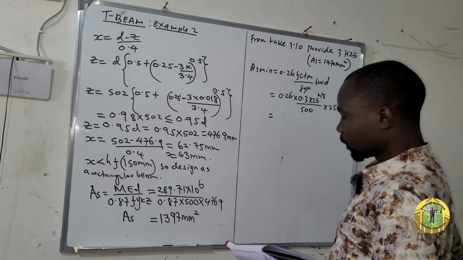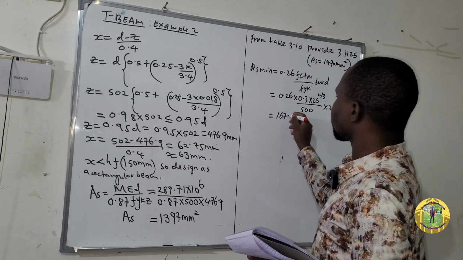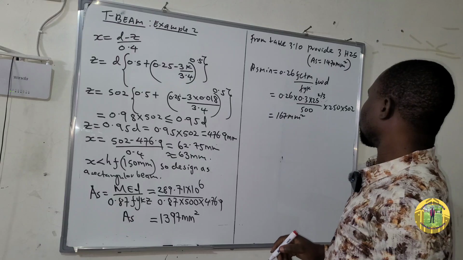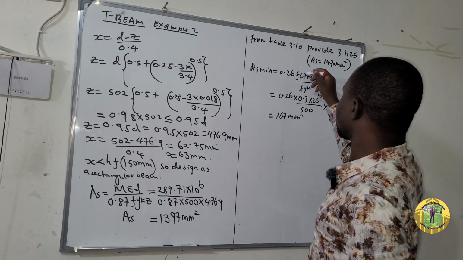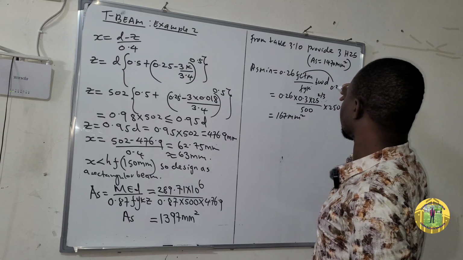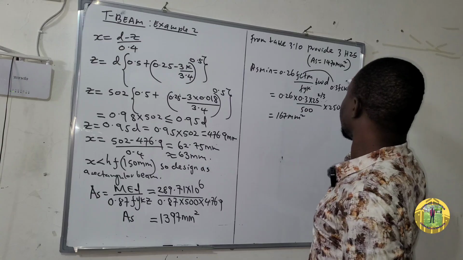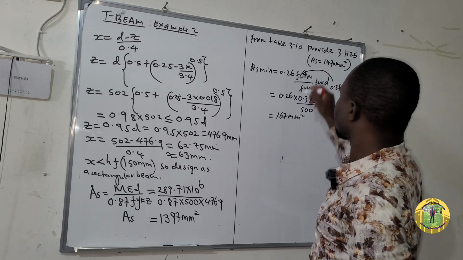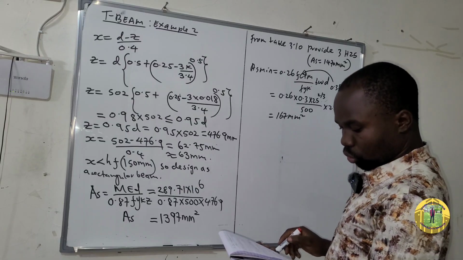So this is 167 millimeter square. I have said that FCTM is given by this formula 0.3 FCK raised to power 2 over 3.